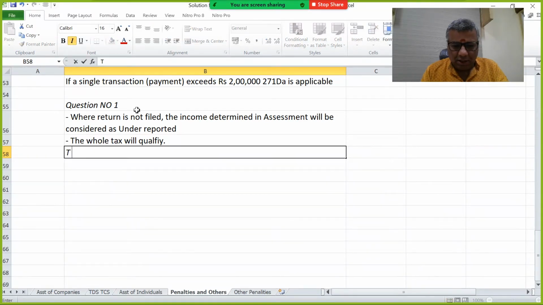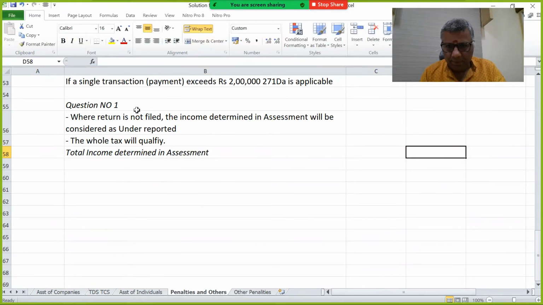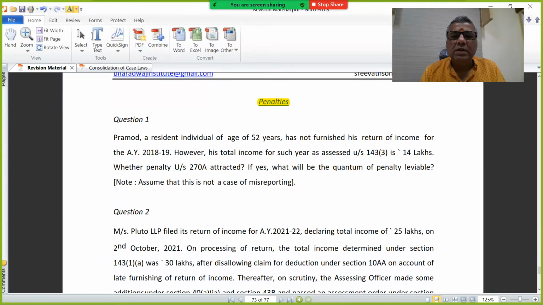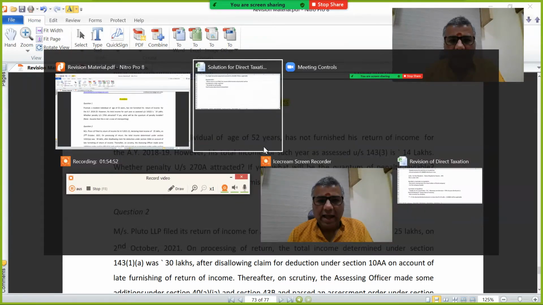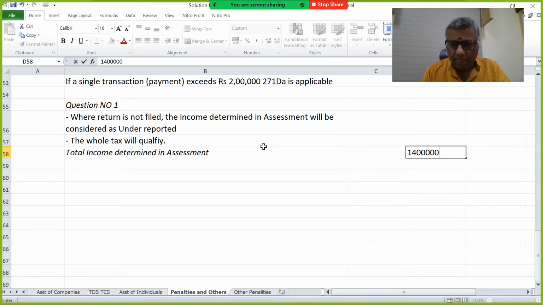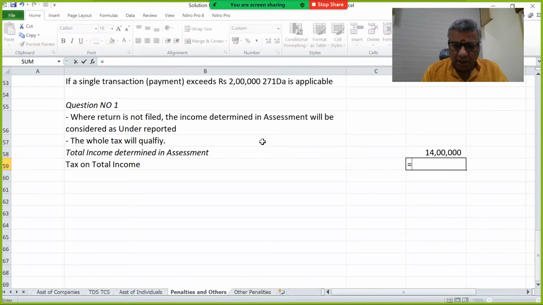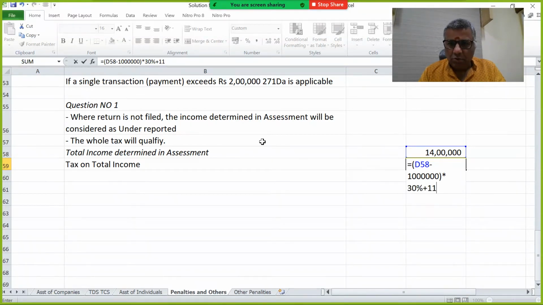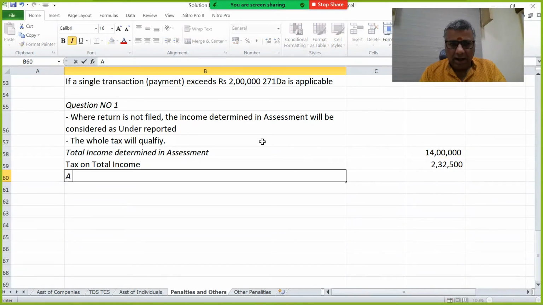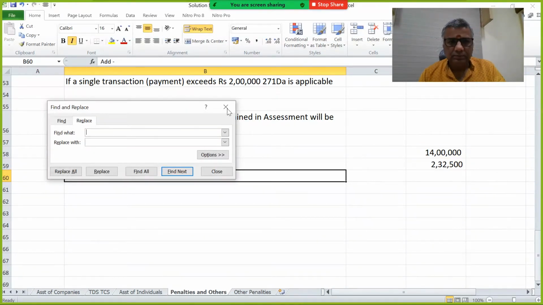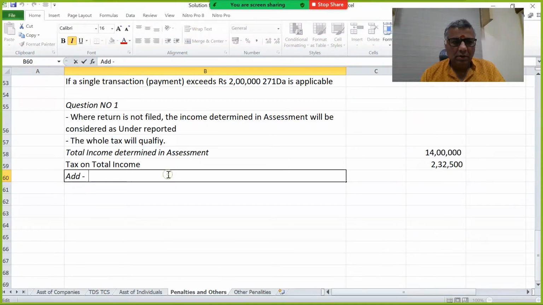So what is the total income determined in assessment? It is 14 lakhs. Tax on total income, we all know the formula. It's an individual: 14 lakhs minus 10 lakhs into 30% plus 1,12,500, and HEC at 4%.